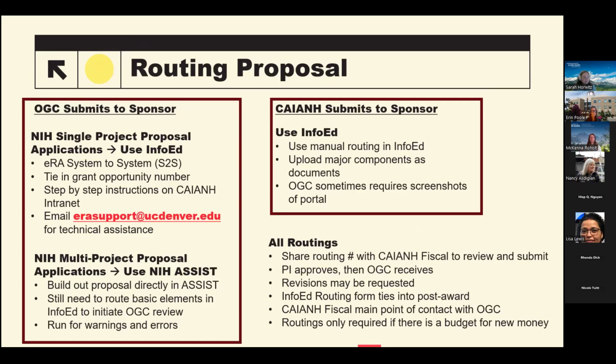We wouldn't need to do that until we need to submit a budget. Or if it's a contract, like a contract amendment for a new year, we don't need to, since we've already gotten that money, it's not new money, so we don't need to reroute that through InfoEd.